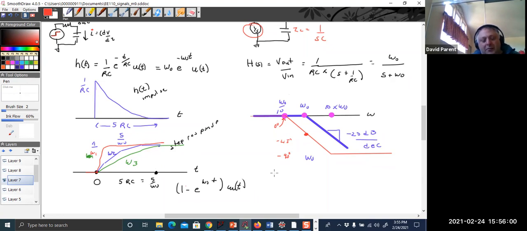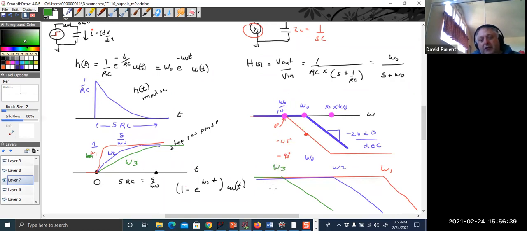So what would this look like on the Bode plot? That would be like omega 1, omega 2, and omega 3.